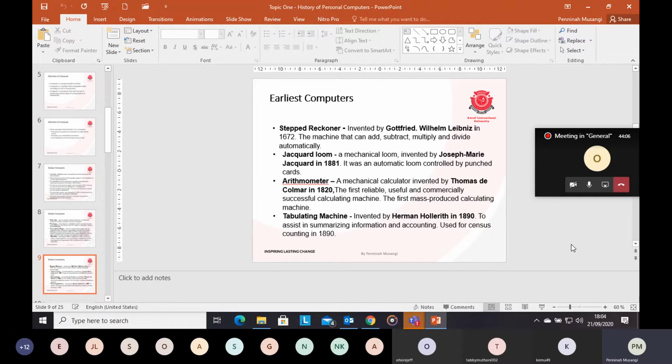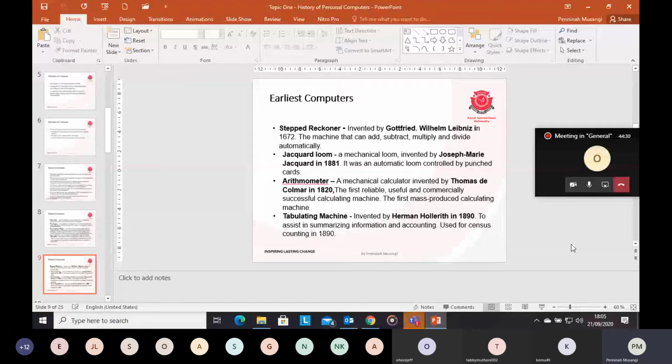A loom is an equipment used in the weaving industry or the cloth industry for designs for fabrics. This helped a lot, being an automatic one, whereby the punched cards could contain instructions on what designs the fabric could have.